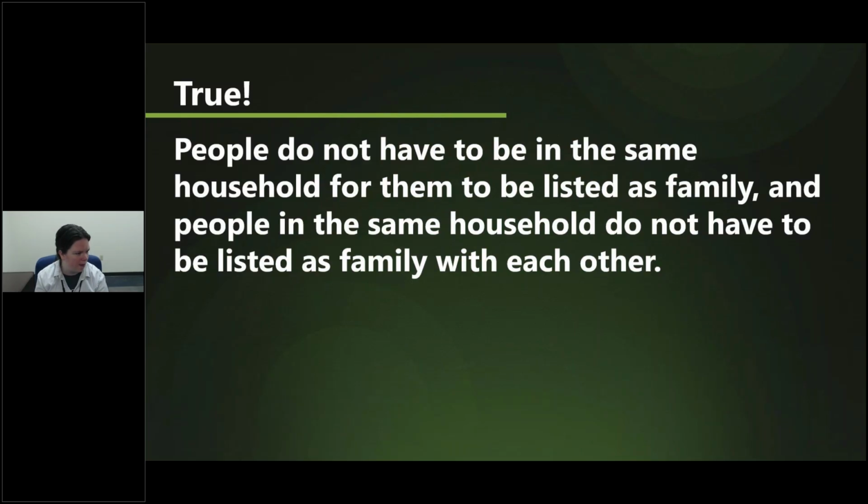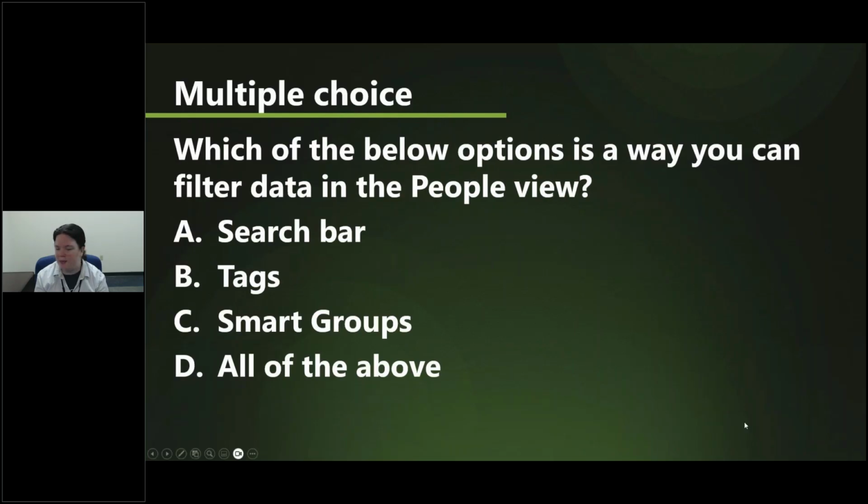Everybody got that correct? And then last but not least, we have a multiple choice. If you can remember, which is the way that you can filter data in the people view? Is it just the search bar? Is it just the tags? Is it just the smart group? And everyone knows it is not a just this sort of option here.